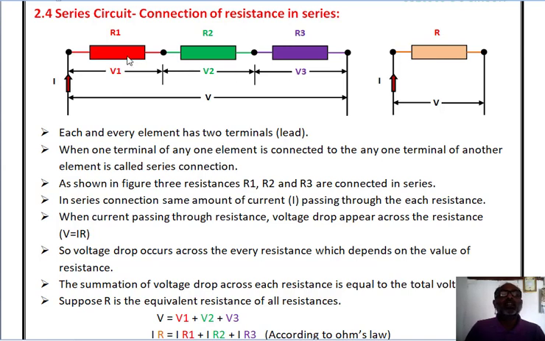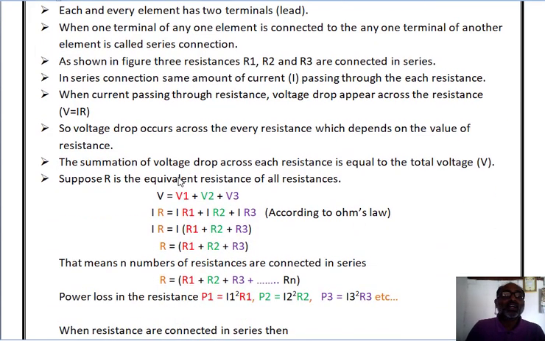Whatever the effect of R1, R2 and R3 connected in series, it can be replaced by only one value of resistance whose effect will be the same. So it is most important. Suppose R is the equivalent resistance of all the resistances.